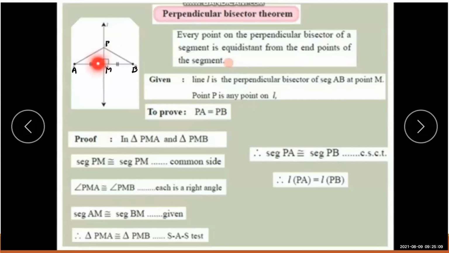PM is the common segment in both triangles, so it is congruent with itself as a common side. Now, angle PMA and angle PMB. Yes, now see.